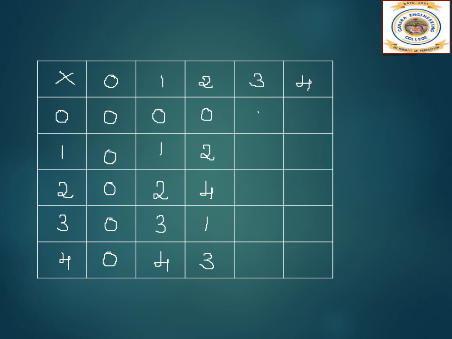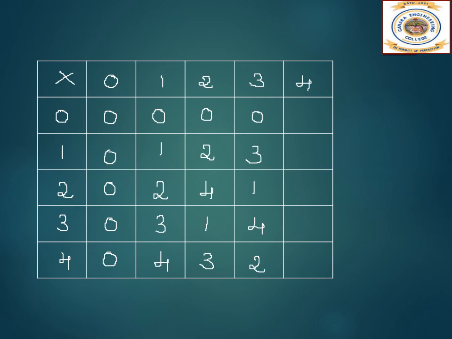So 3 into 0 is 0. 3 into 1 is 3. 3 2s are 6. 6 mod 5 is 1. 3 3s are 9. 9 mod 5 is 4. 3 4s are 12. 12 mod 5 is 2.